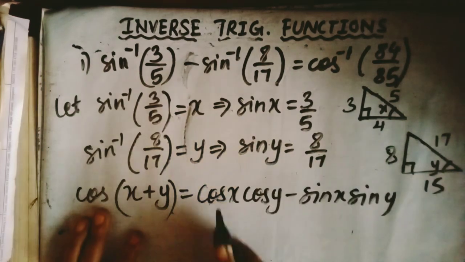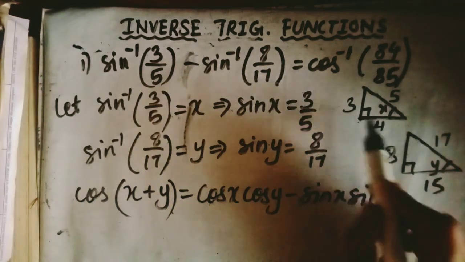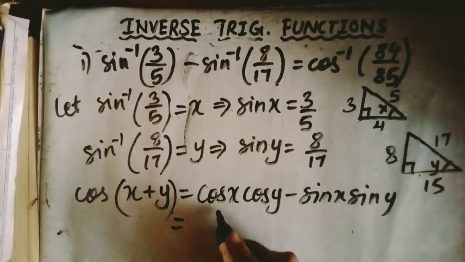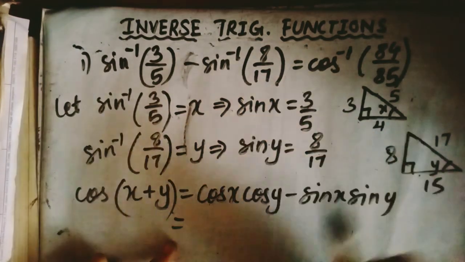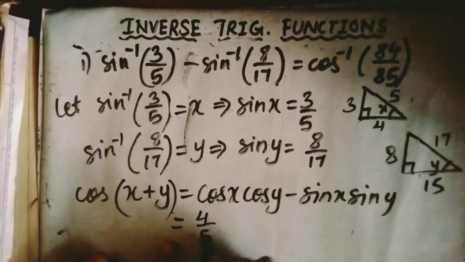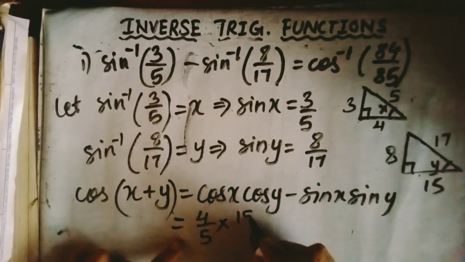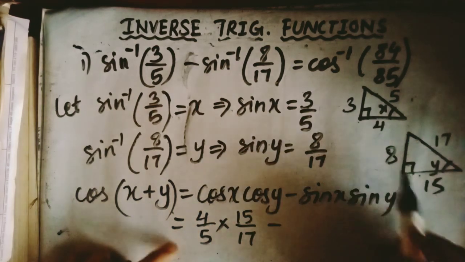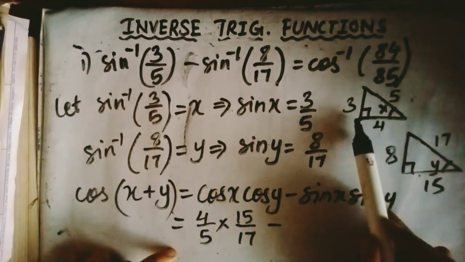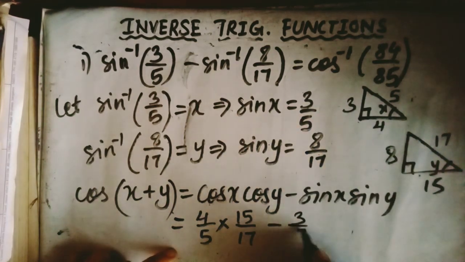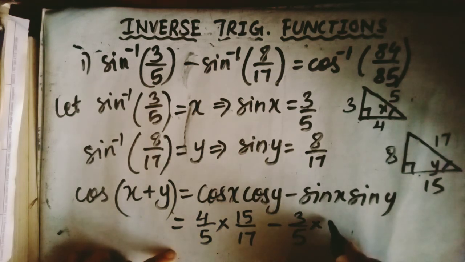Now these values we know from the triangles. So cos of x is adjacent upon hypotenuse, 4 by 5, into cos y is 15 upon 17, minus sin x is 3 upon 5 into 8 upon 17.